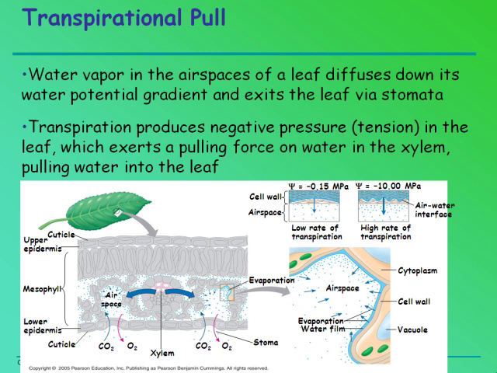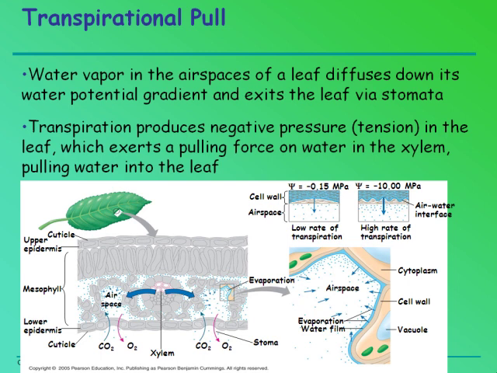Then the increased surface tension here pulls water from surrounding cells and spaces. Then water from the xylem is pulled up right here into the surrounding cells and air spaces to replace the water that was lost.